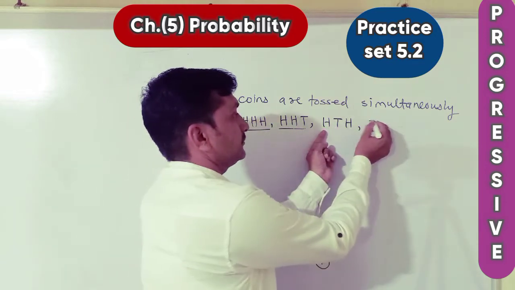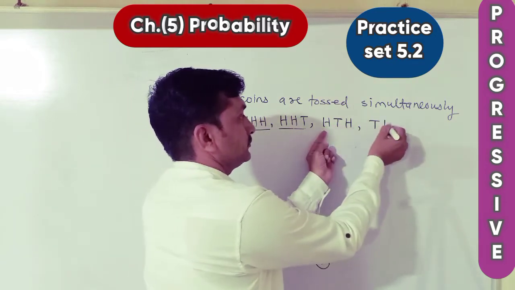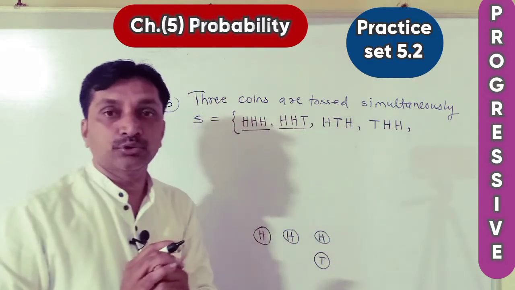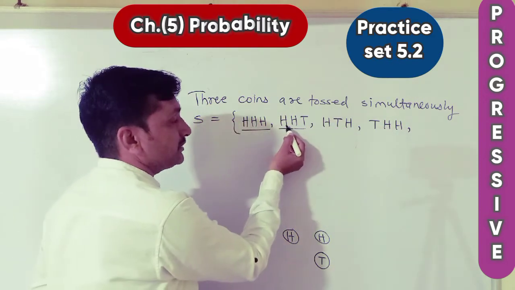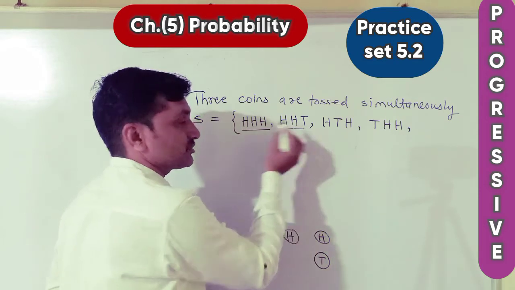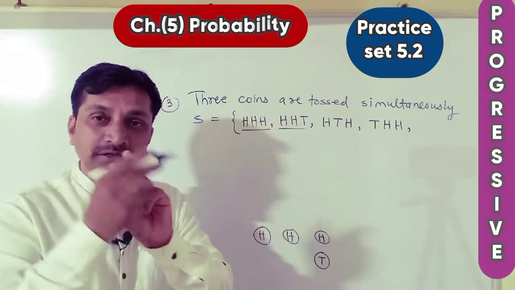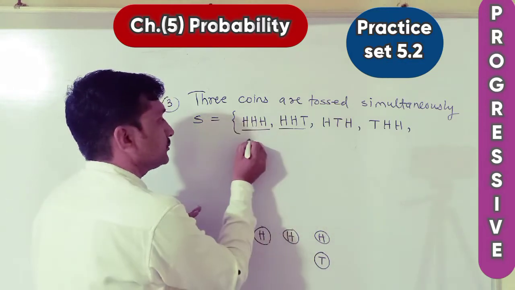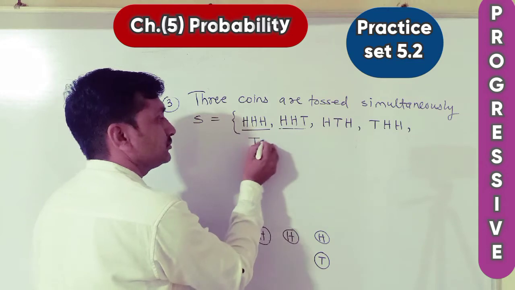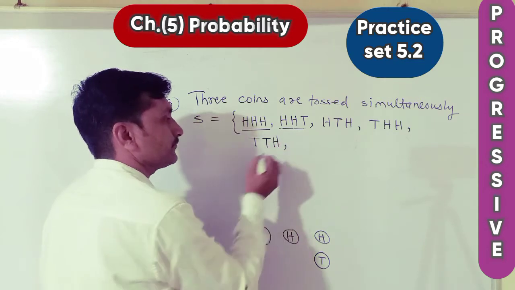T will come here, H will go here, and this T stays in its own place, THH. After that, as we wrote H, H, T, now you write T, T, H. First two tails, third head. In this way, HHH, HHT is written, then TTH.